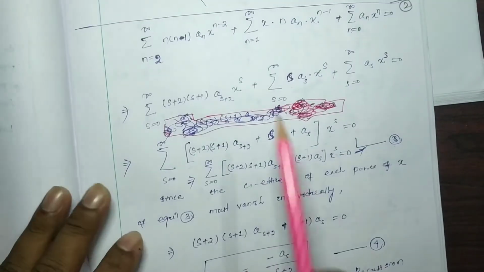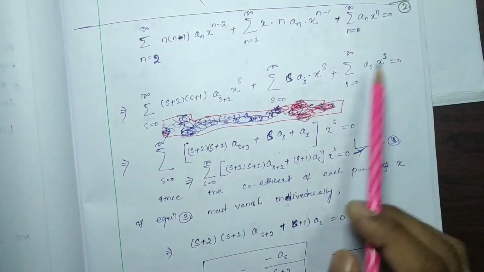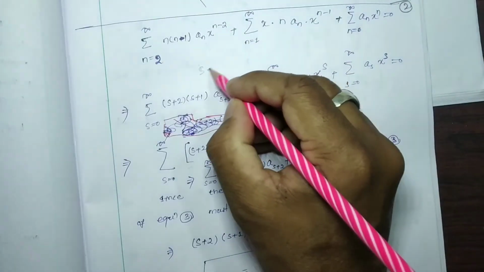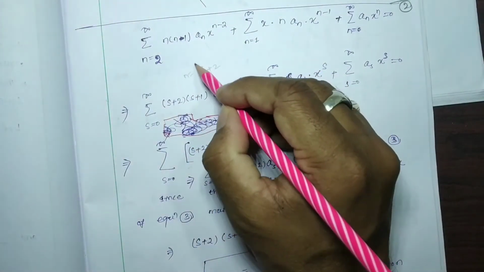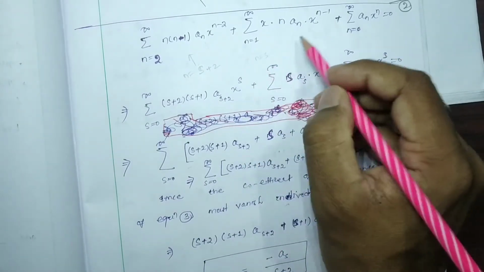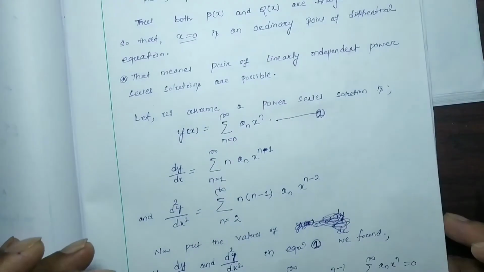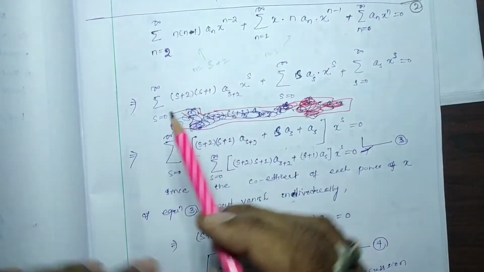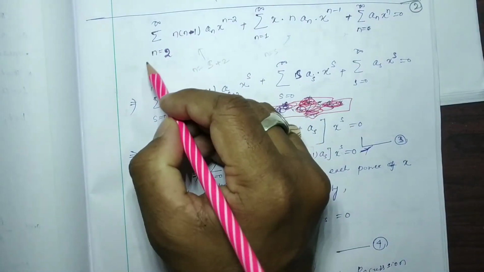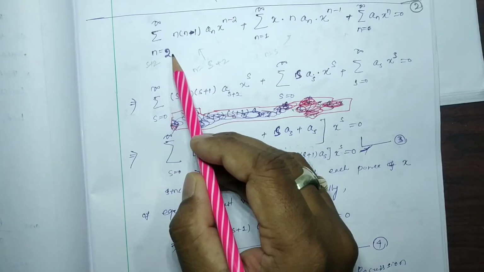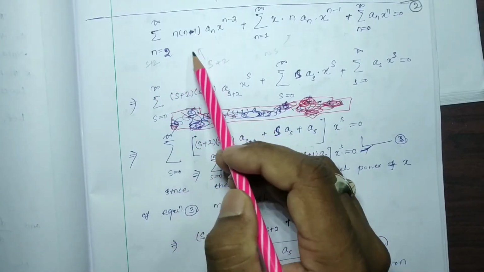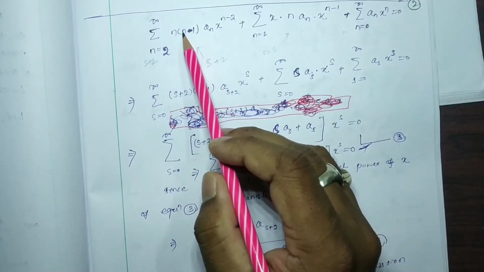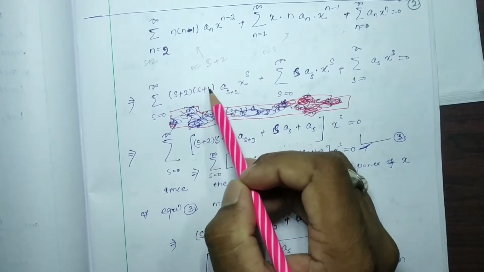To maintain all the powers of x the same, we consider n equal to s plus 2 for the first term, and n equal to s for the second term and third term. If we consider n equal to s plus 2, then s equals 0 to infinity. Instead of n we put s plus 2, so n minus 1 becomes s plus 2 minus 1, which is s plus 1.